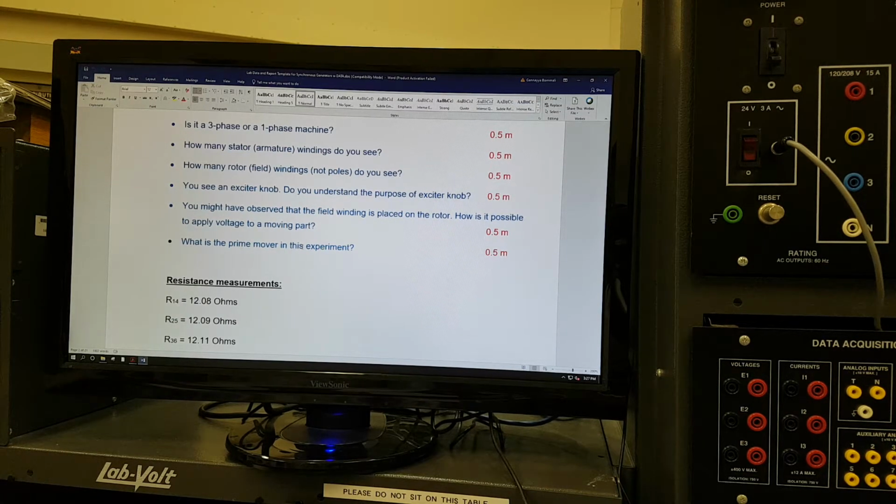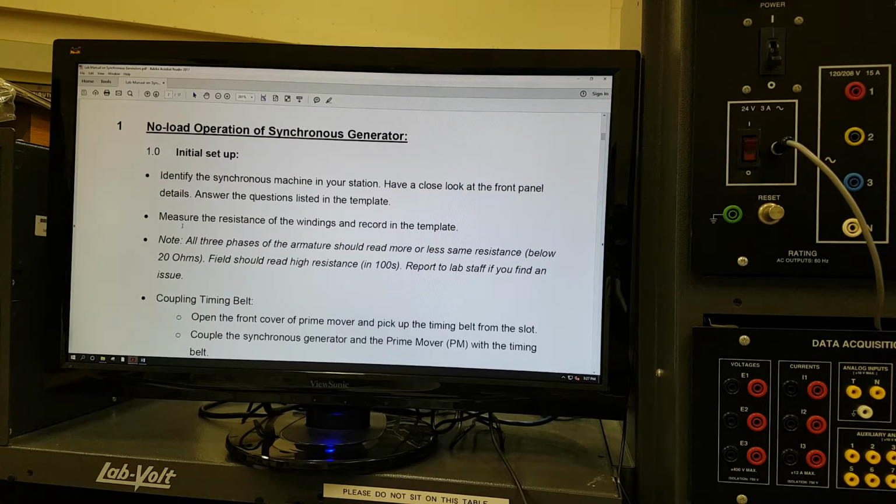You need to figure out what the prime mover is giving. Okay, so next step is to measure the resistance of each winding and record it in the template. Let me show you how to measure the resistance.